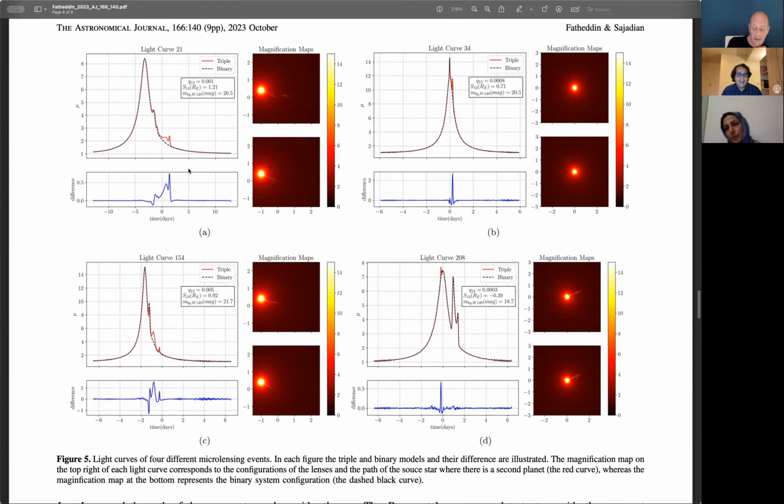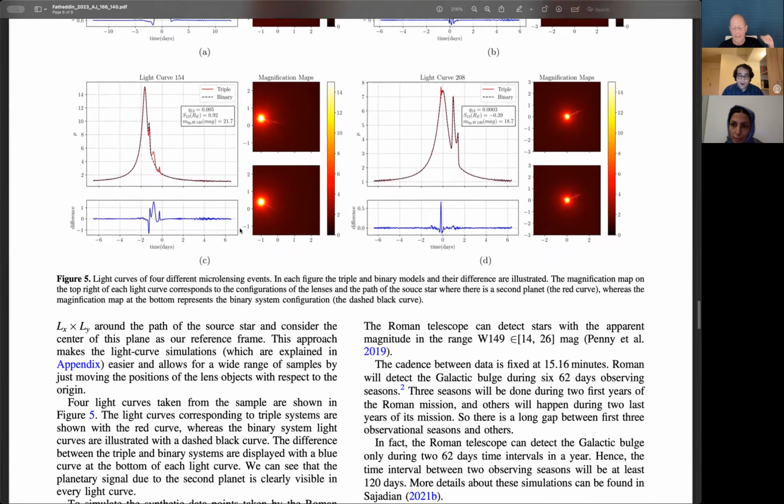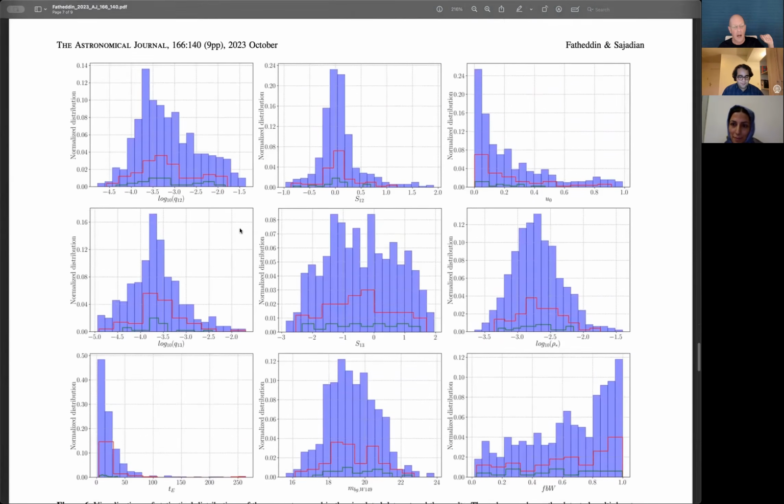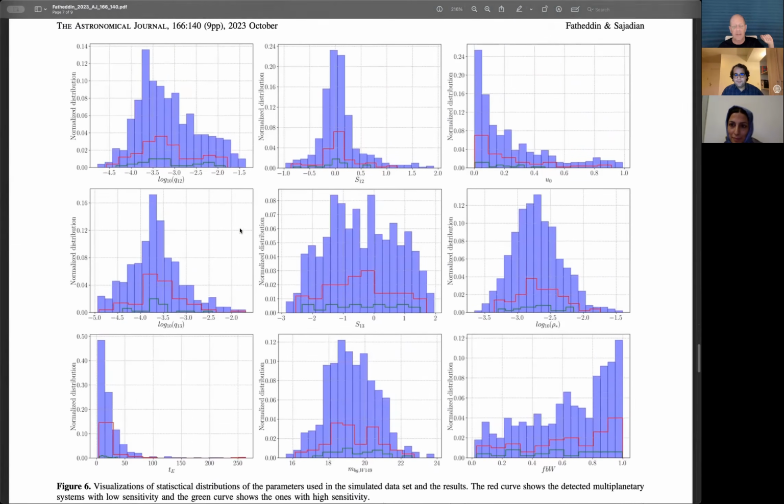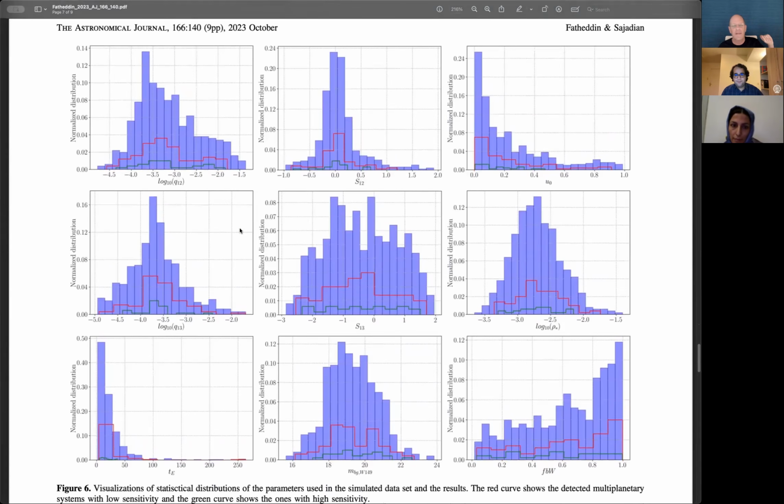That's a very interesting thing to find out, because it promises that Roman will deliver very diverse and interesting data for multiplanetary systems with the microlensing method, which was the main result of our paper. We got the statistics here, right? Very cool.